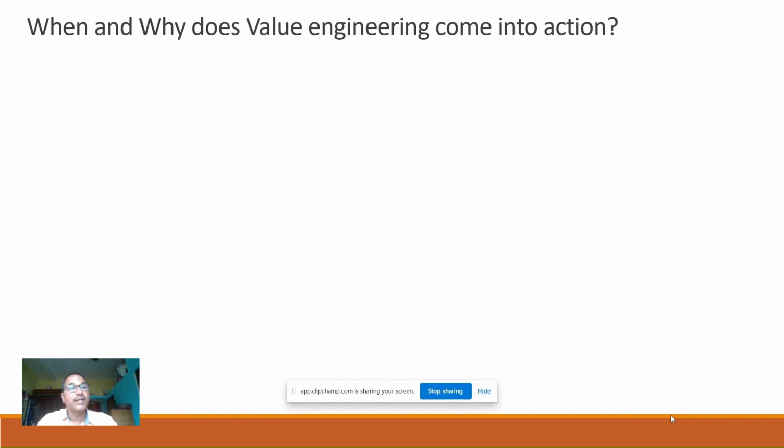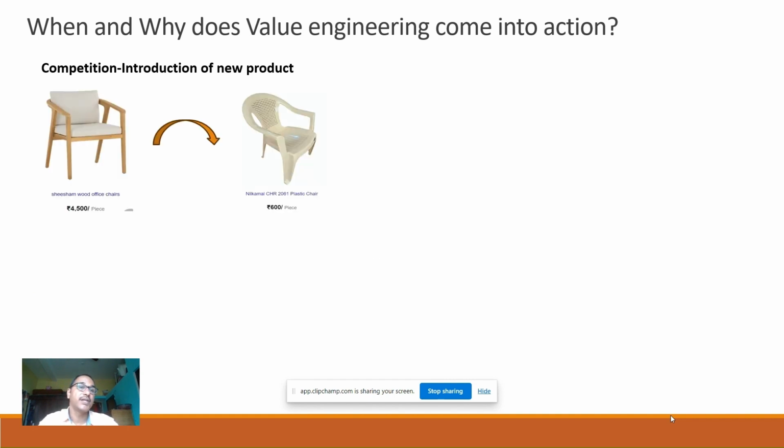Now, moving on to the next content here. When and why does the value engineering come into action? The first main reason is the competition, introduction of a new product. Now, if we look at this example, chair. If you look at this particular chair, this was introduced almost 10 to 15 years before, where the price was 4,500.